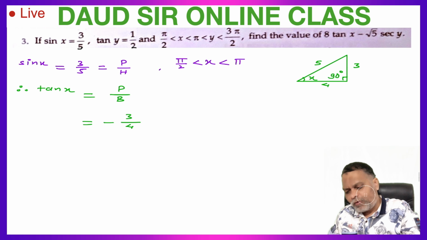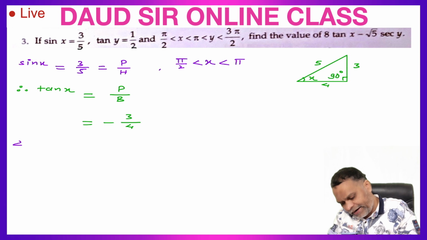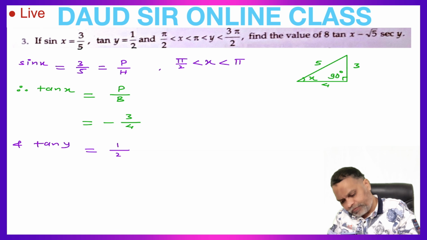Now, one more trigonometrical ratio, tan y is given. Tan y is equal to, it is given, 1 upon 2.